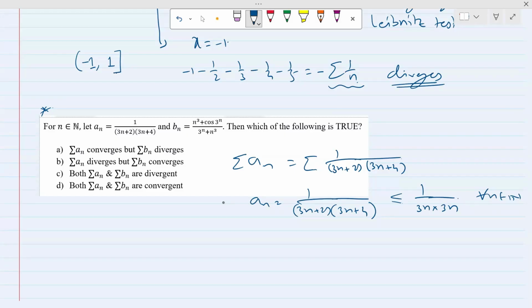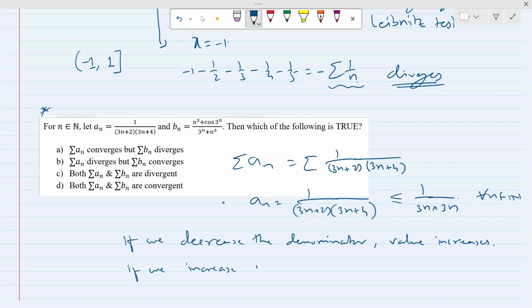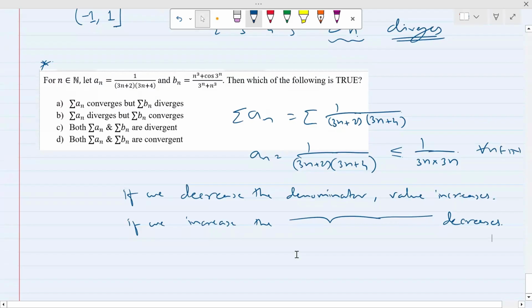Yes, correct. So I hope all of you know that if we decrease the denominator, the overall value increases, and if we increase the denominator, the overall value decreases. Keep this one mantra in the back of your mind.